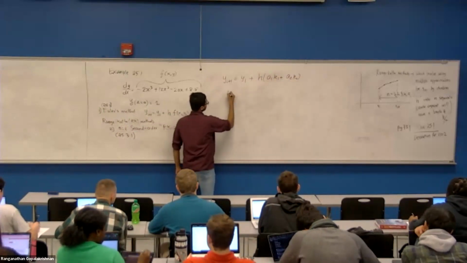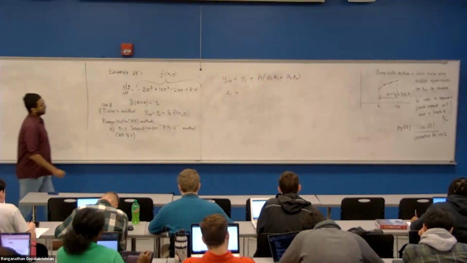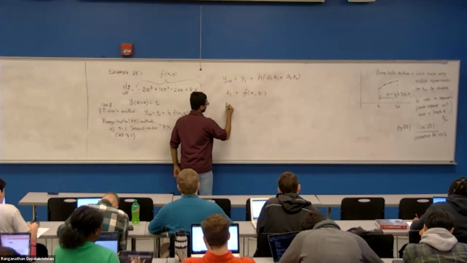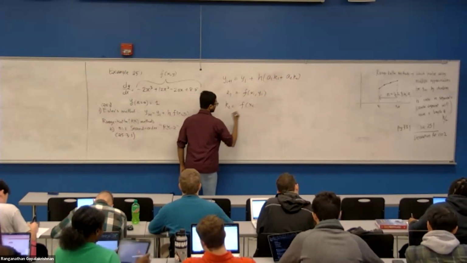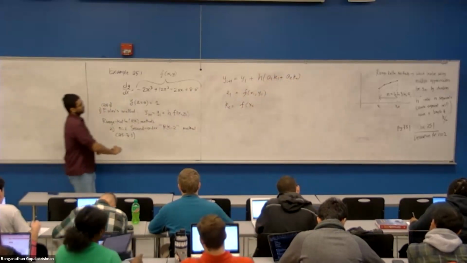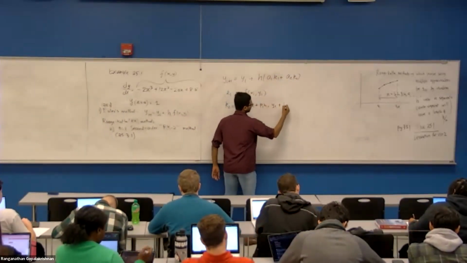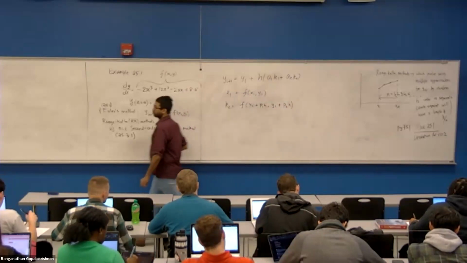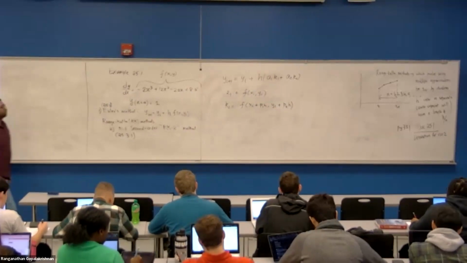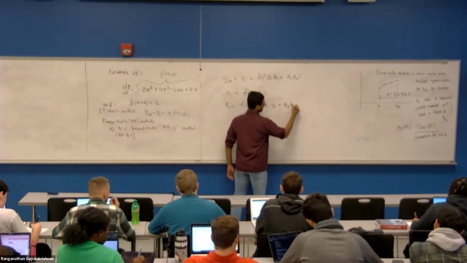What is k1? k1 is the value of the function at point i, f of x_i comma y_i, and k2 is the value of the function at x_i plus p1 h comma y_i plus q11 k1 h.